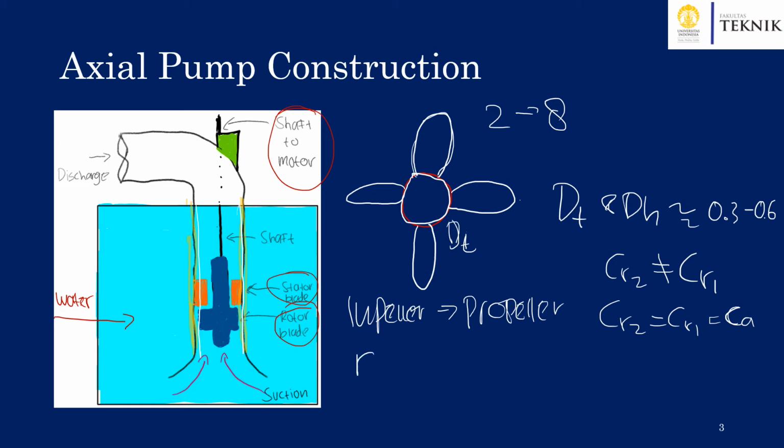That means that the radius, or the diameter, between inlet and after leaving the impeller will remain constant. As a consequence, the rotational speed of the impeller, U, which is a function of omega and R, is also constant. So U1 will be equal to U2 as a consequence of R1 equal to R2.